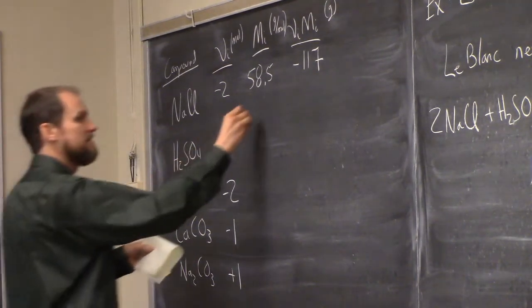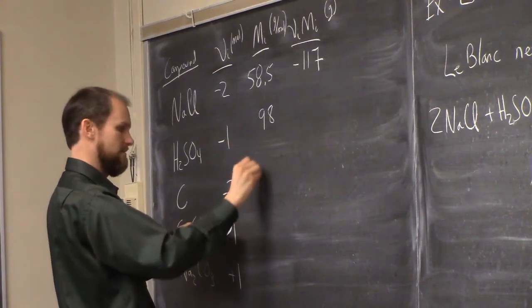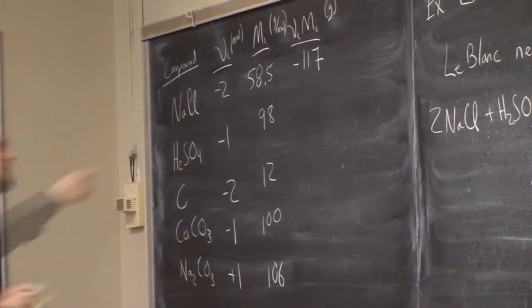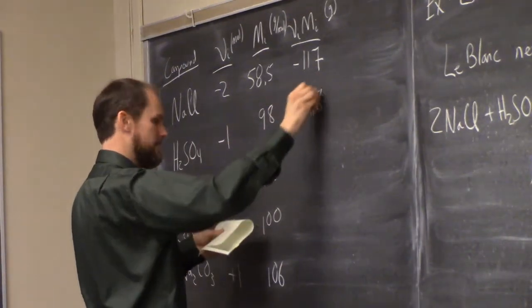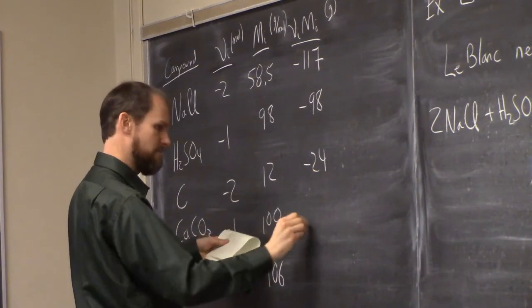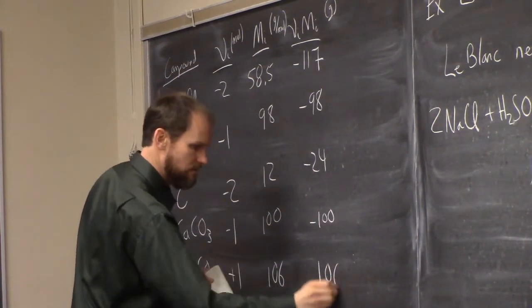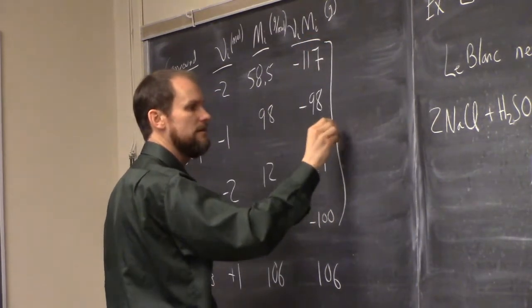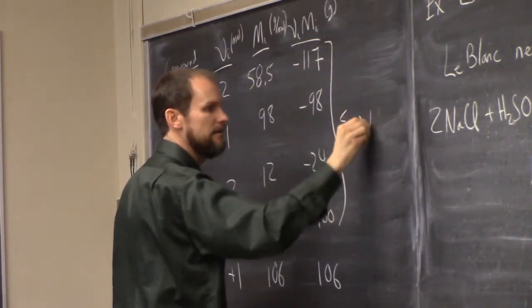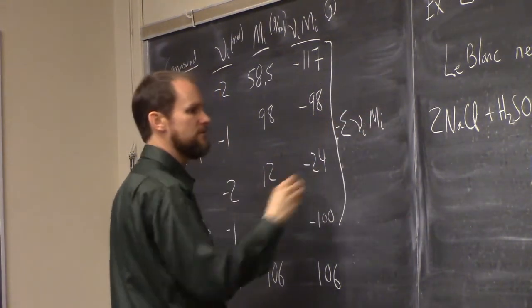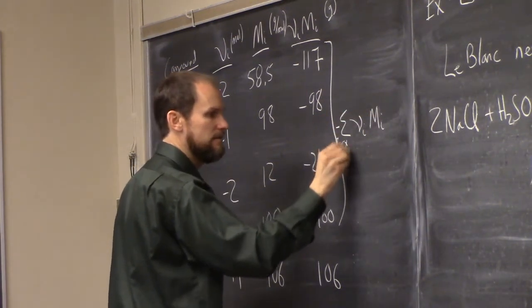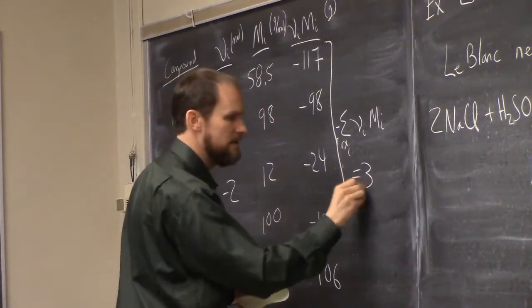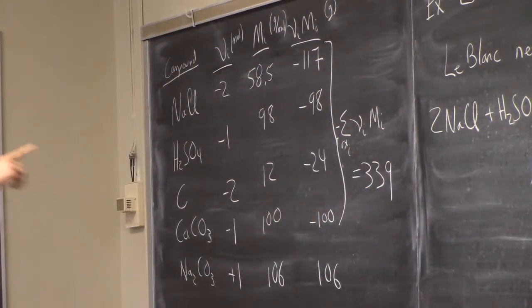The masses: 98, 12, 100, 106. Products then minus 98, minus 24, minus 100, 106. Take these together, sum them, with the minus for the reactants. We'll get 339.